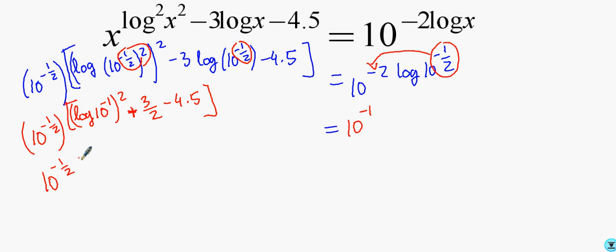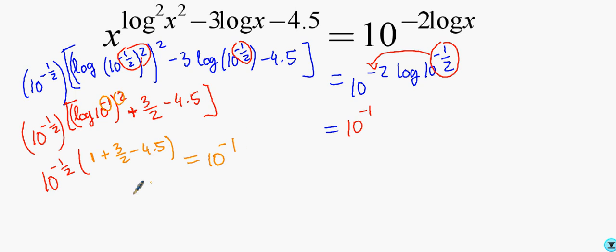So 10 to the negative 1/2 times, now this here, we can bring that negative 1 in front of the log, so that's negative log 10. Log 10 is 1, so that's really negative 1, and then squared. Negative 1 squared is just 1, so 1 plus 3/2 minus 4.5.